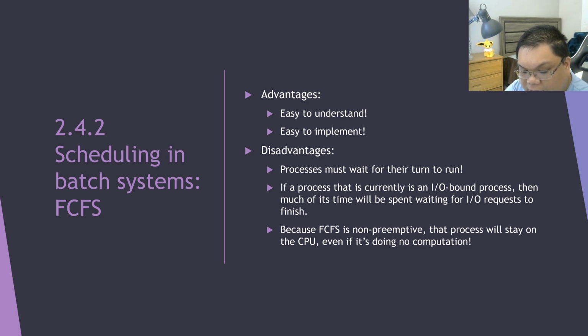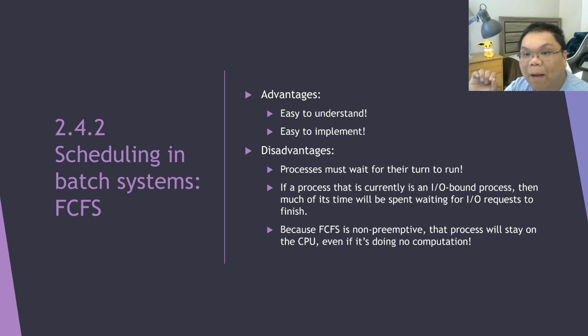Because first come, first serve is non-preemptive, the CPU is allocated to the process even if the process isn't doing any work, even if it's waiting for an I/O operation. The smart thing to do would be, if the process is waiting for an I/O operation to finish, that means the CPU is not doing anything.